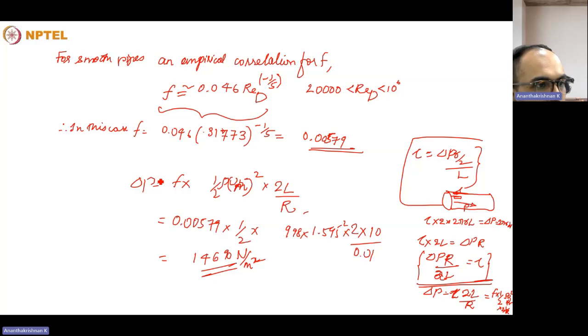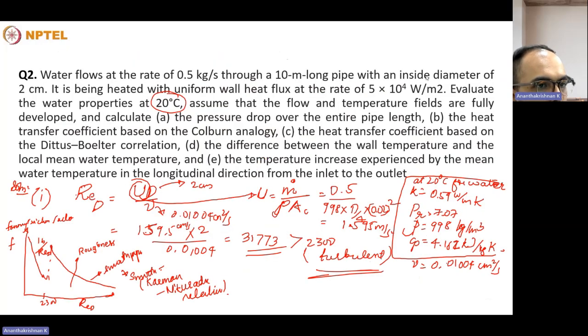Now we move into the second part. We have to determine the heat transfer coefficient based on the Colburn analogy, that equates the Stanton number, Prandtl number, and the friction factor. So the Stanton number is an alternative way in which we can calculate the Nusselt number or the heat transfer coefficient.